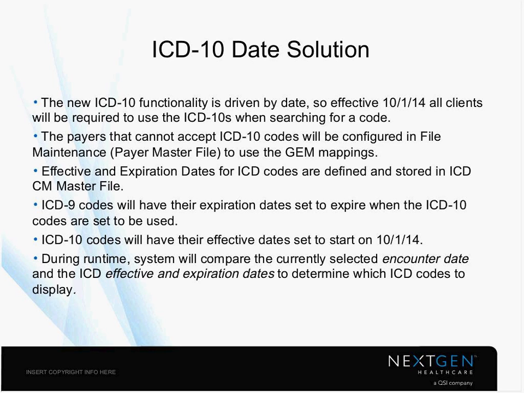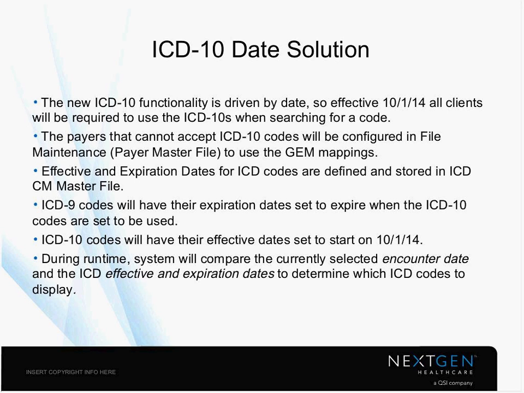So the ICD-10 functionality is driven by date. Effective 10/1/14, all clients were required to use ICD-10s when searching for a code. The payers that cannot accept ICD-10 codes will be configured in file maintenance, payer master file, to use the GEM mapping.